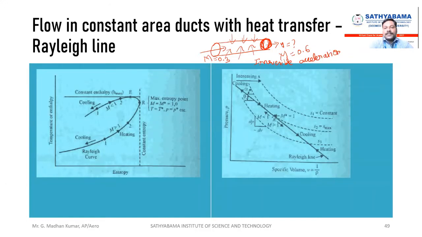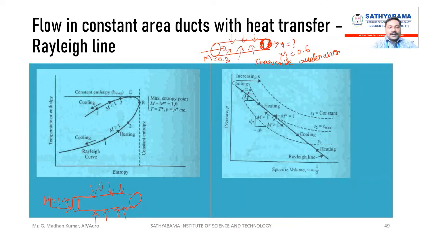During this time, the enthalpy is increasing and the entropy is also increasing. Now, for this same pipe, suppose the inlet flow has a Mach number of about 1.4, and in the same way you are adding heat from the surroundings.